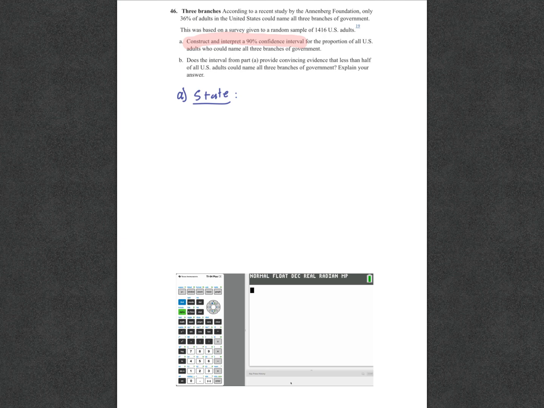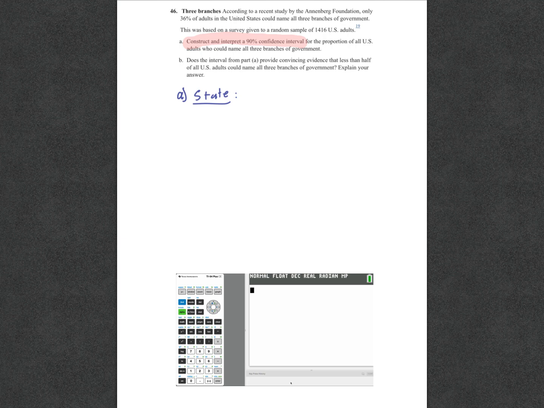So, according to a recent study by the Annenberg Foundation, only 36% of adults in the United States could name all three branches of government. This was based on a survey given to a random sample of 1,416 U.S. adults. Construct and interpret a 90% confidence interval for the proportion of all U.S. adults who could name all three branches of government.